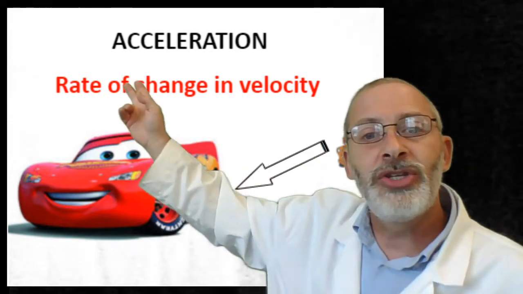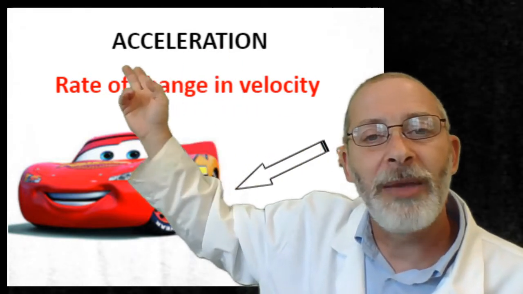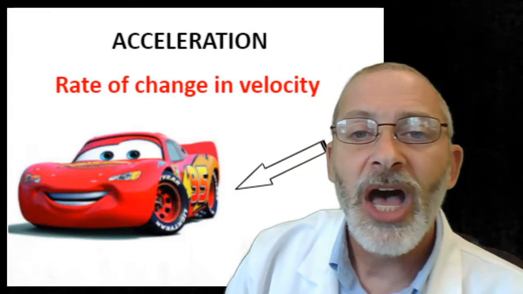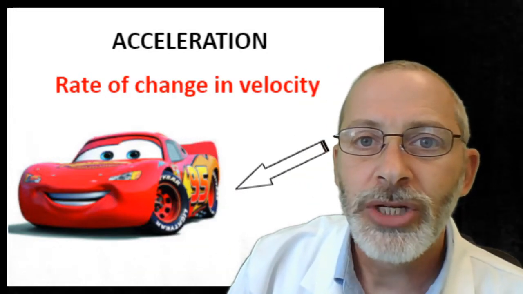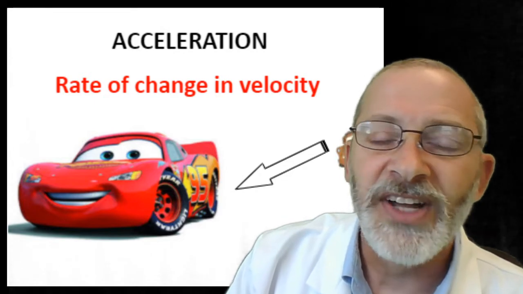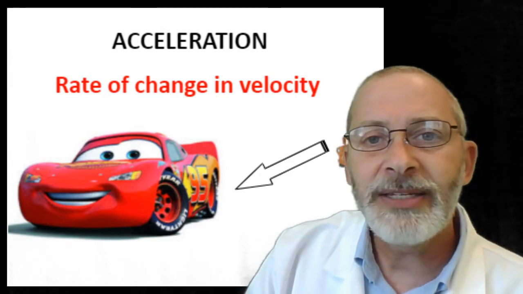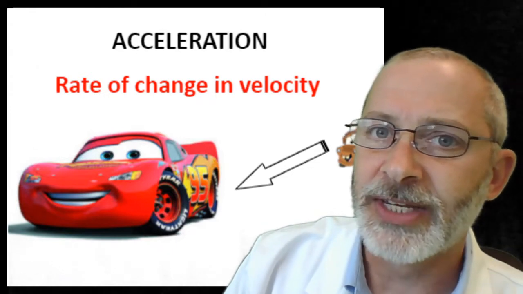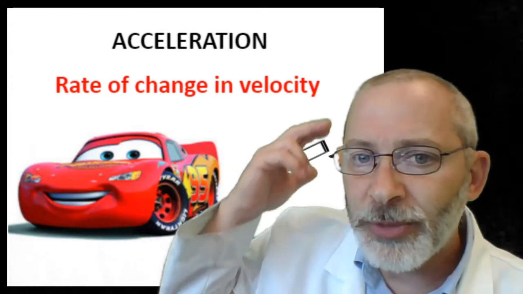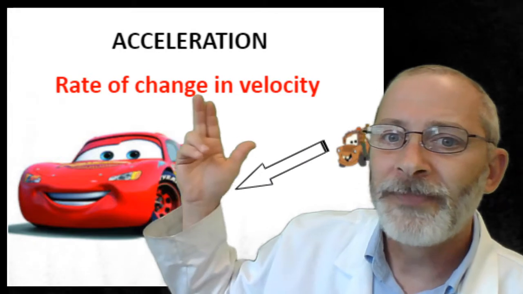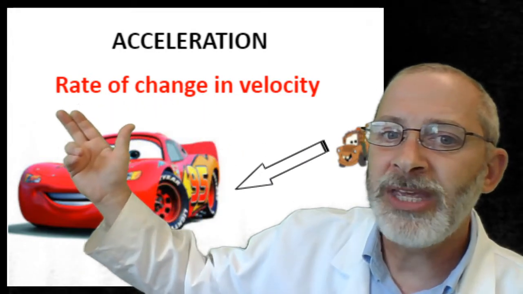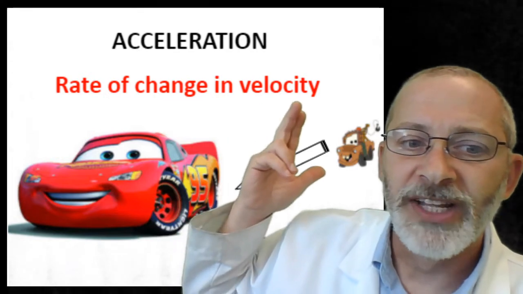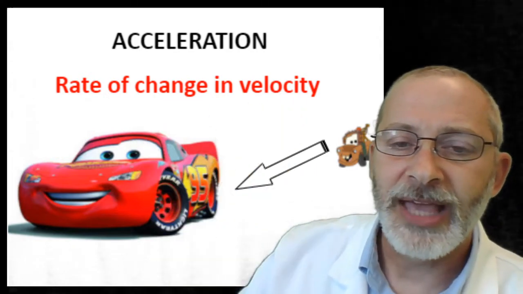So we can define or describe acceleration as the rate of change in velocity. The rate of change in velocity. I want you to be thinking about what these words mean. Rate, change, velocity. We'll get to that in a minute.